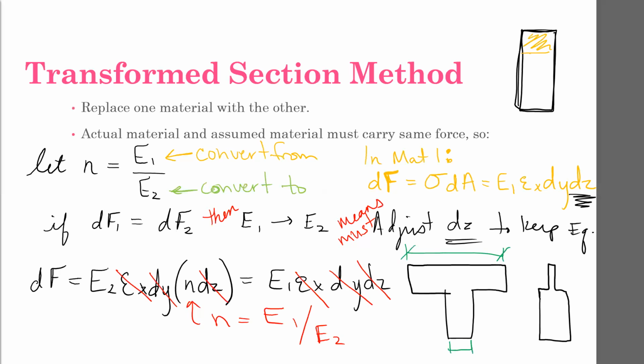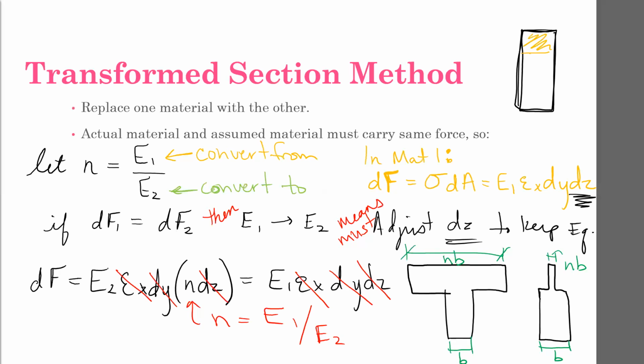So if this is b, this is n times b. When E1 is smaller than E2, n is a number less than 1, which means you're going to shrink your material in. When E1 is greater than E2, n is going to be a number greater than 1, and you're going to extend your area out.